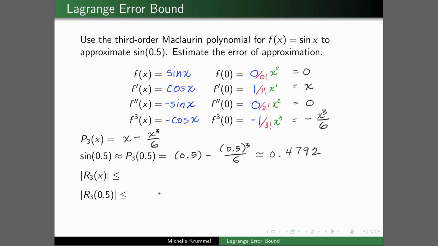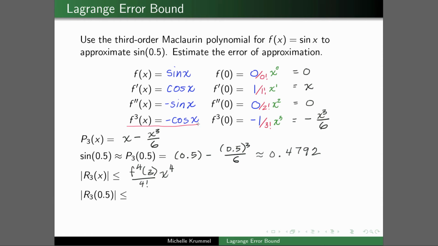Now I want to estimate the amount of error for that approximation. Using the Lagrange error bound, I know that R sub 3 of x is less than or equal to the fourth derivative evaluated at z, divided by 4 factorial, times x to the power 4.